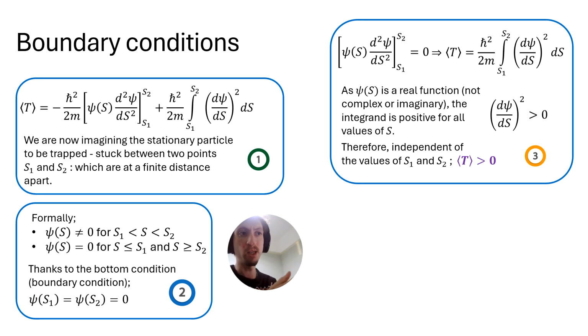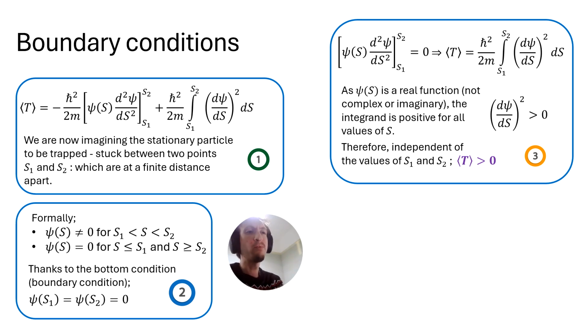So if d psi by ds was 0, then psi would remain constant between those boundary points. So psi would be 0 between those boundary points. And so we would have a stationary state particle whose wave function is 0 between S1 and S2, and also outside of that region of our S-axis.